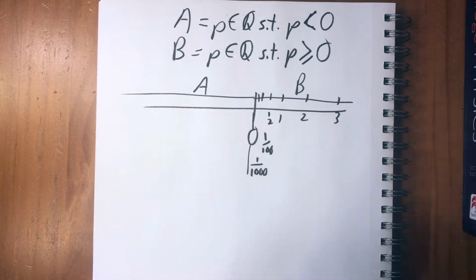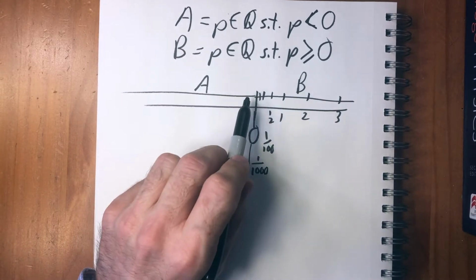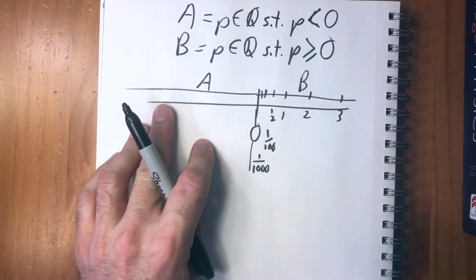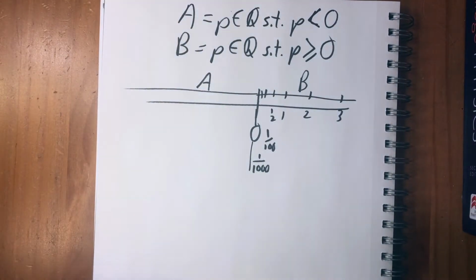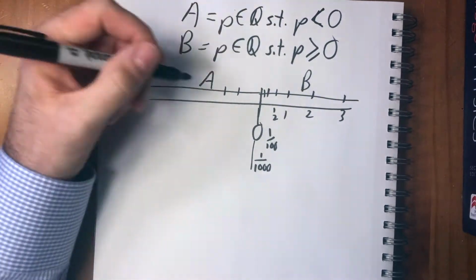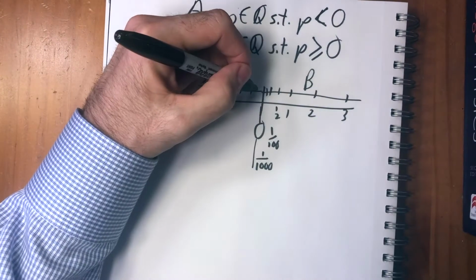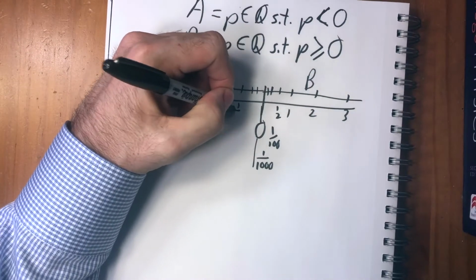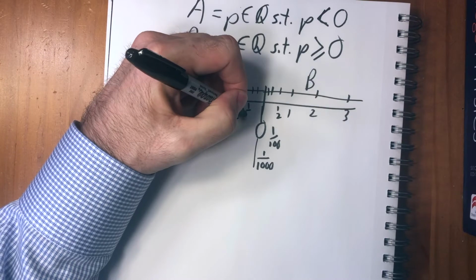But notice something else. Even though A is bounded, meaning all of these numbers are bigger than anything in A, there's no largest element of A. No matter what number you give me in A, I can always find something that's even bigger. You say 1, I say 1/2. You say 1/2, I say 1/3.